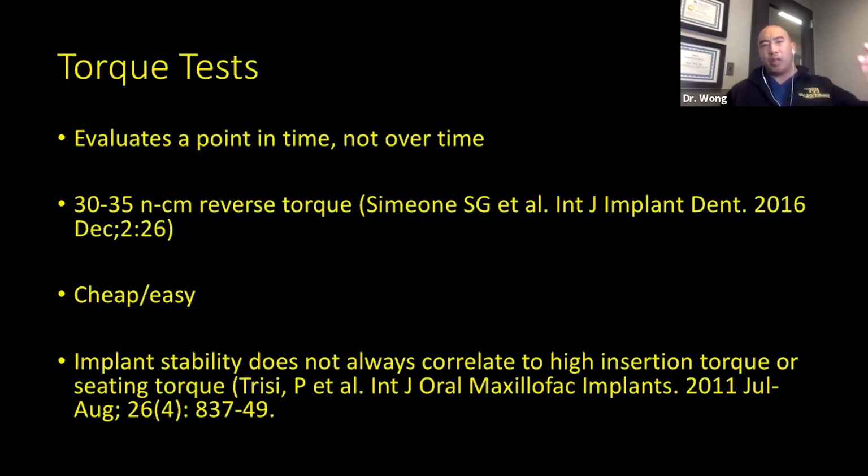If you really want to know if an implant is ready, you get your torque wrench in there, put it on 30 to 35, and reverse torque it. If the implant is solid, you restore it. The problem is if it isn't solid, then the implant moves and it fails. So it evaluates a point in time, not over time, and it's kind of a one and done, hit or miss type of test. It is very cheap and very easy.